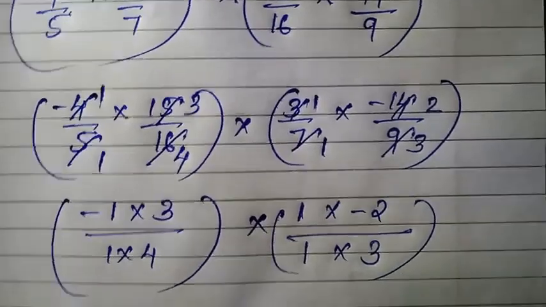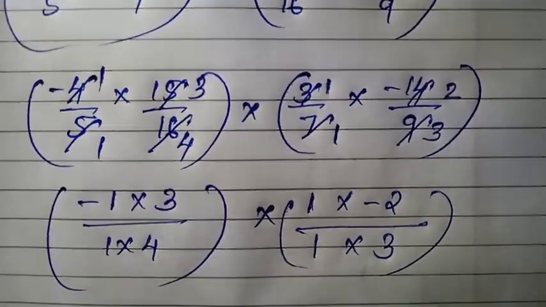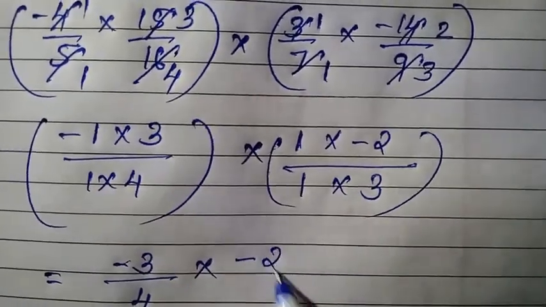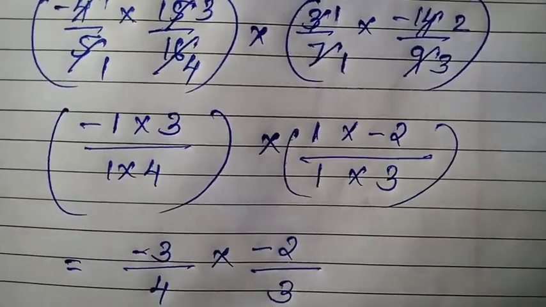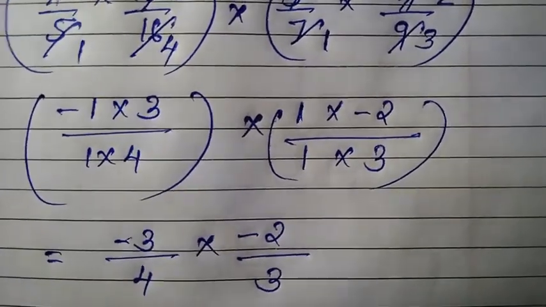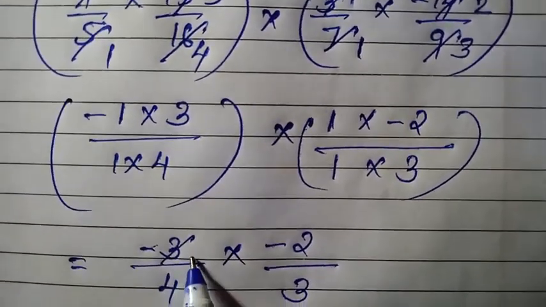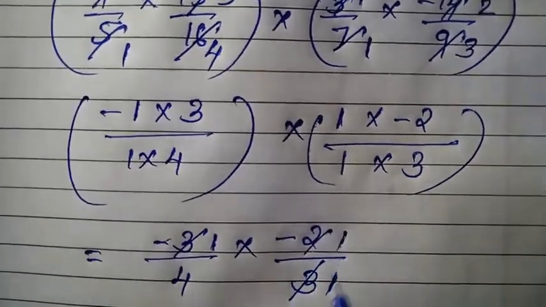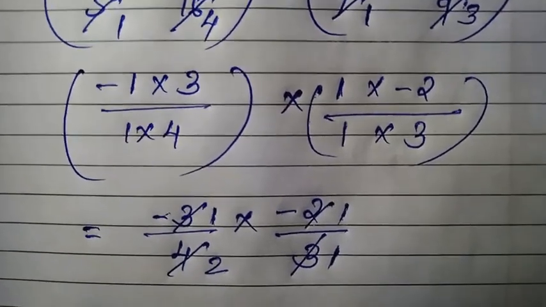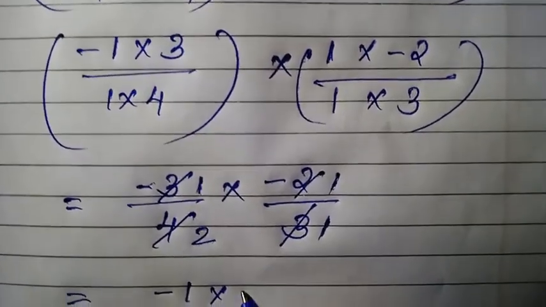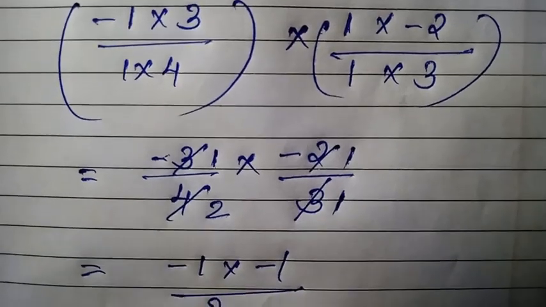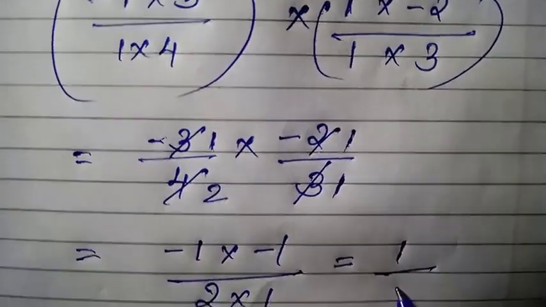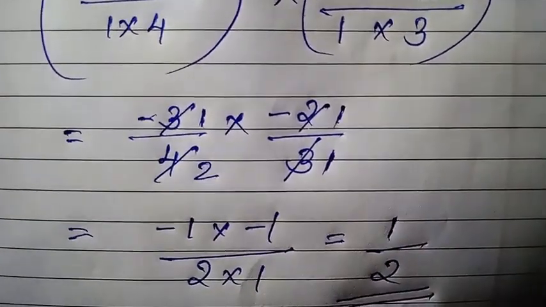So minus 1 into 3 we got minus 3, 1 into 4 we got 4, and here 1 into minus 2 we got minus 2, 1 into 3 we got 3. Again we have to cut: minus 3 one time, 3 into 1 time, here also 2 into 1 time, 2 twos are 4. Okay, so minus 1 into minus 1 by 2 into 1, minus 1 into minus 1 we will get plus 1, 2 into 1 we will get 2. So 1 by 2 is the answer.